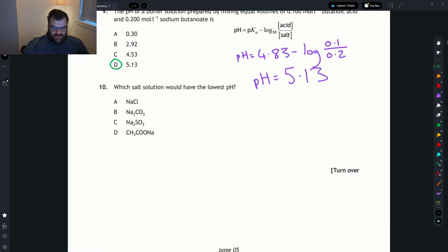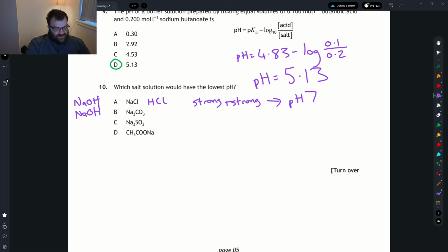Next one, we're asked about the lowest pH, and this is to do with combinations of strong and weak acids and bases. Sodium chloride is likely to come from the formulas, so sodium hydroxide, NaOH, and HCl. That's strong and strong, so likely pH 7.